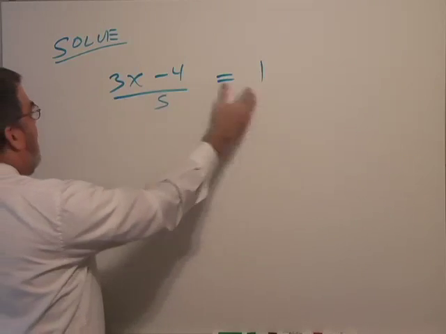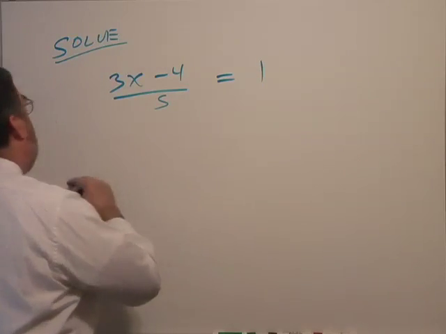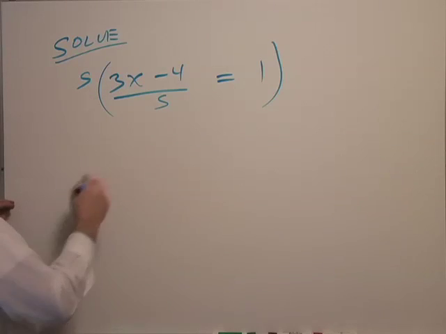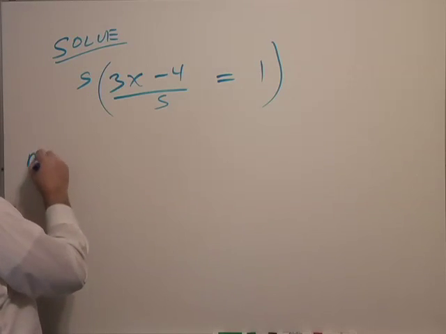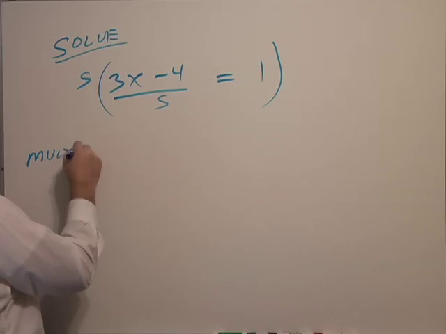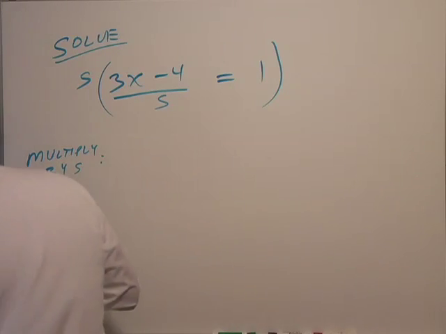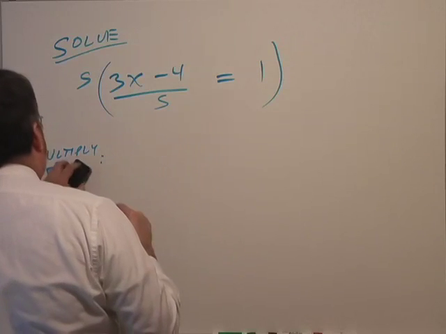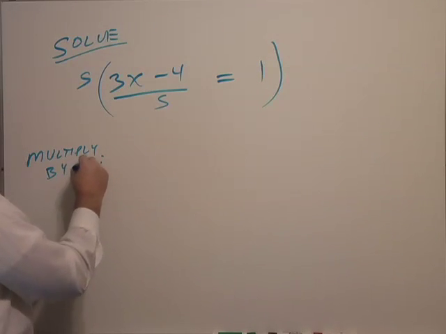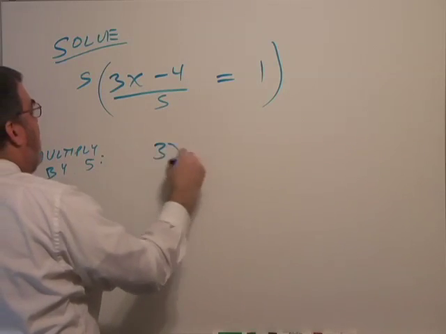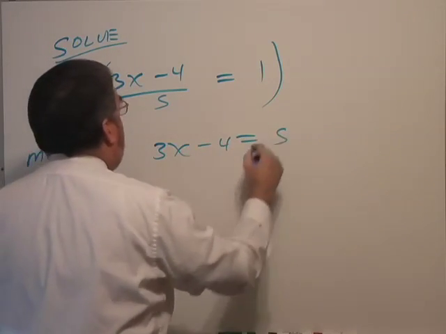So I'm going to multiply both sides by 5. Multiply by 5. Now that canceled the denominator, so I have 3x minus 4 equals 5.